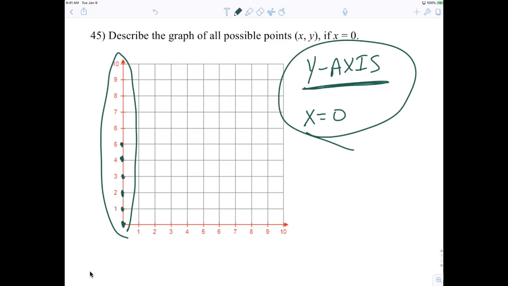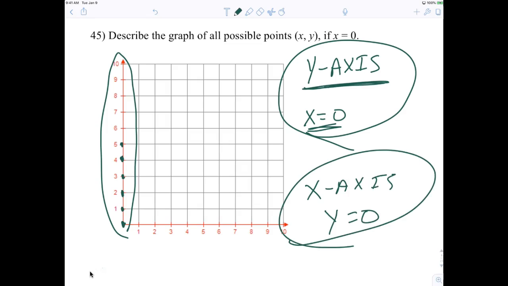The y-axis is when what? When x is 0. So the x-axis, yes, the x-axis is when the y is 0. Make yourself a note for that. The y-axis is when x is 0. The x-axis is when y is 0. All right?